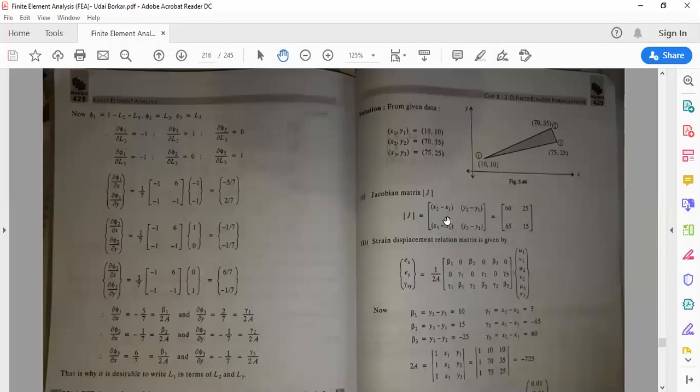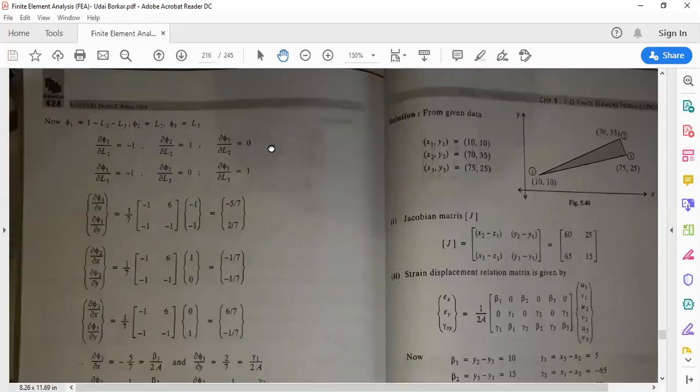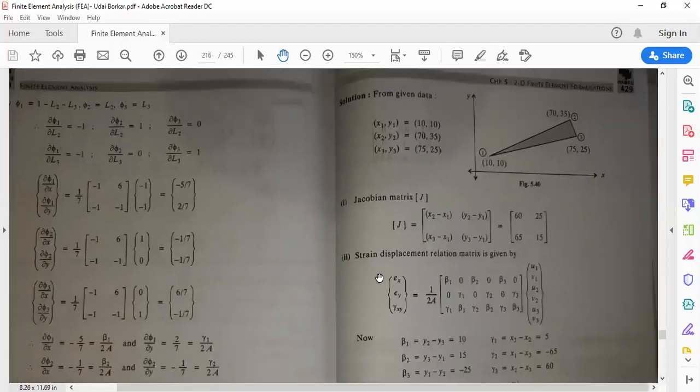Earlier we saw del zeta upon del x, del zeta upon del y, then del eta upon del x, del eta upon del y. So it can be written as x2 minus x1, y2 minus y1, x3 minus x1, and y3 minus y1. So this is how to actually calculate the Jacobian matrix value.